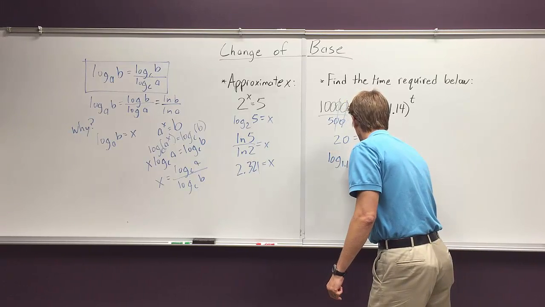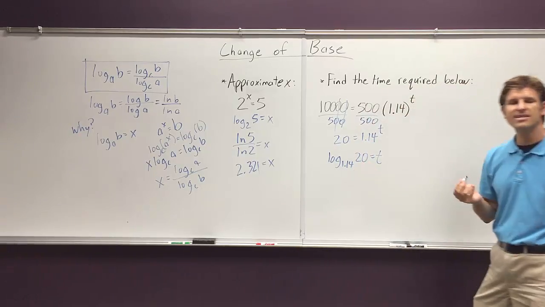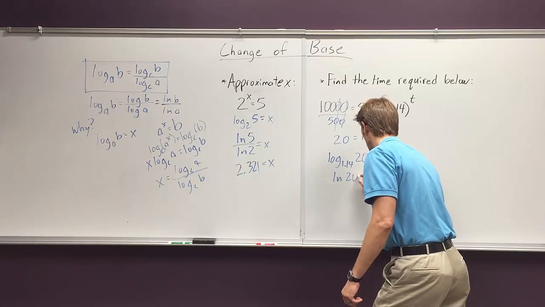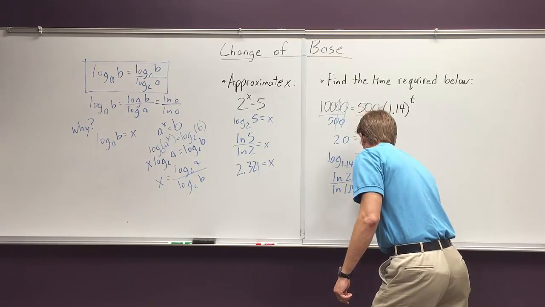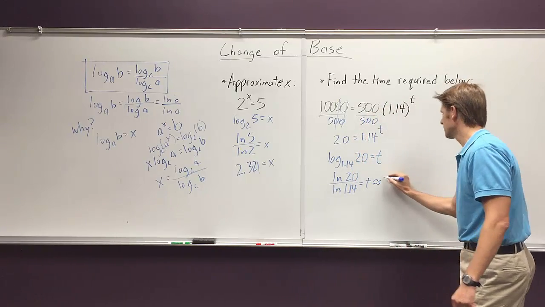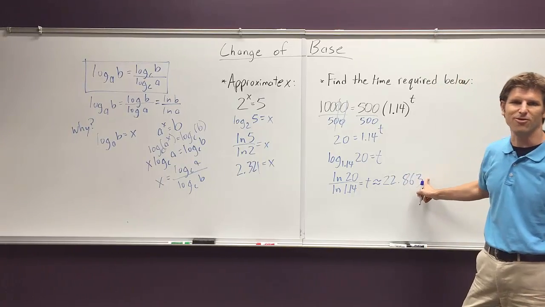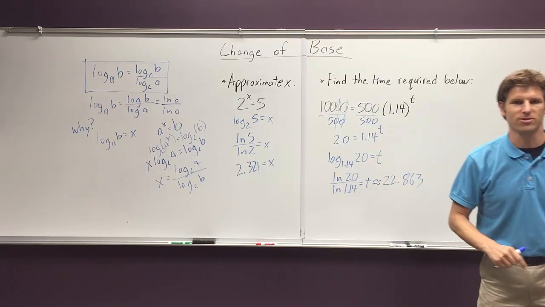Log base 1.14 of 20 equals t. But this is something that I can't compute on my calculator easily, so I use the change of base formula. This is something that's really easy to calculate and comes out to approximately 22.863. So that's how you use that change of base formula to do actual problems.